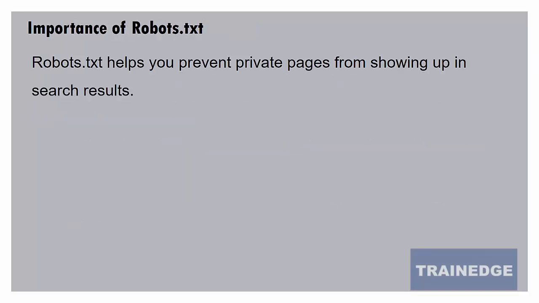So in such cases, you'll use robots.txt file to prevent bots from accessing and indexing these pages, because if the page is not in the index of Google or Bing, then it will not show up in the search results.